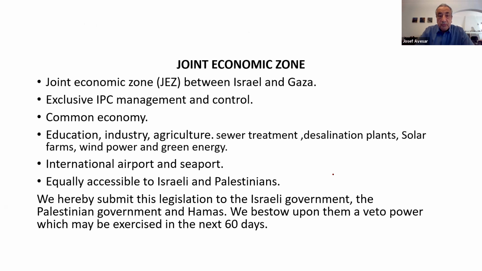So this is the legislation for a joint economic zone, Israel and Gaza. Joint economic zone between Israel and Gaza, exclusive IPC management and control, common economy, education, industry, agriculture, sewer treatment, desalination plants, solar farms, wind power, and green energy, international airport and seaport, equally accessible to the Israeli and the Palestinian.